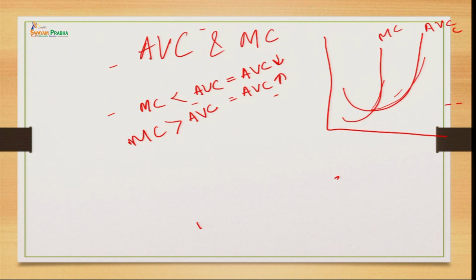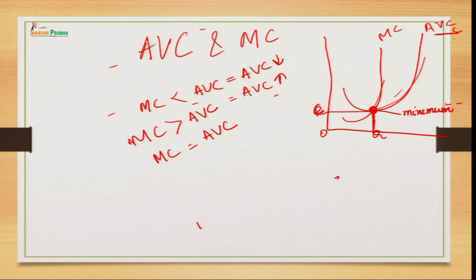And the point where marginal cost is equal to the average variable cost, this point where they both are equal, is called the minimum point. That means the average variable cost is minimum at this point if you are producing OQ output, and this is the cost, not price, which we are representing on the y axis. Then the cost, average variable cost, not average cost.